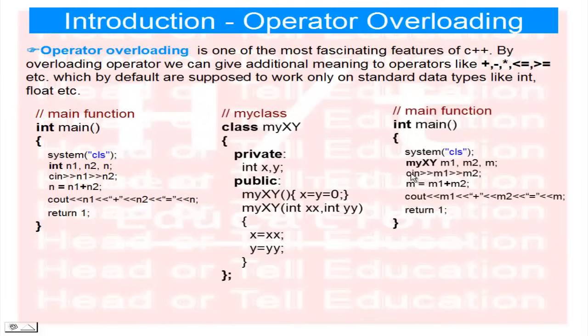Here I have created objects m1, m2 and m of my class xy. Now I want to use my class objects with the standard operators. So cin directly inputs values into m1 and m2, and the plus operator works like m equal to m1 plus m2.